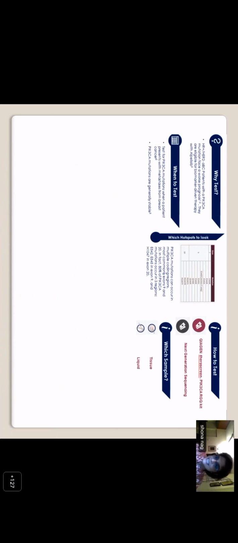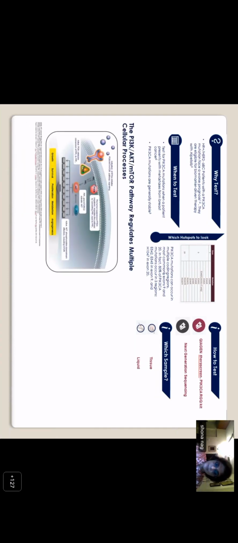Since the patient has metastatic disease, there will be a high load of tumor cells, and you will be able to pick up these mutations, of which the most common is E545, and they occur in exon 9 and 20. And this is the PIK3 pathway that is dysregulated in ER-positive hormone-resistant breast cancer, leading to increased growth, survival, proliferation, metabolism, and angiogenesis.